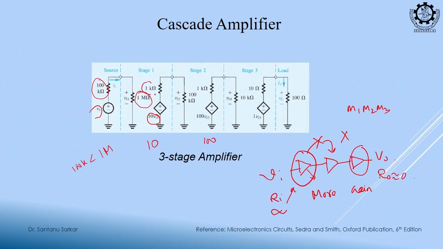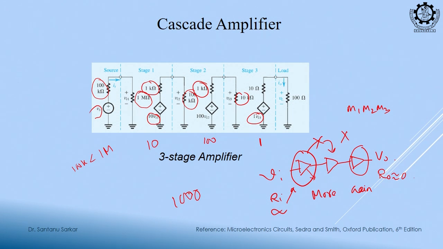Here it is 1 kilo ohm. To make it effectively 0, this is much higher than that, 100 k. For this the output resistance is 1 k, and this is 10 k. Here, the gain of the output stage is 1. I have already got the desired gain of 1000, 10 into 100.